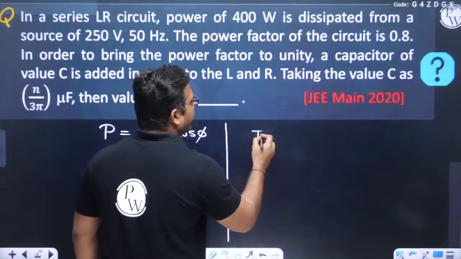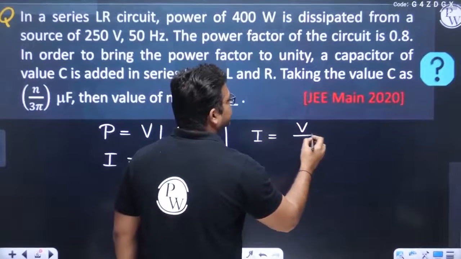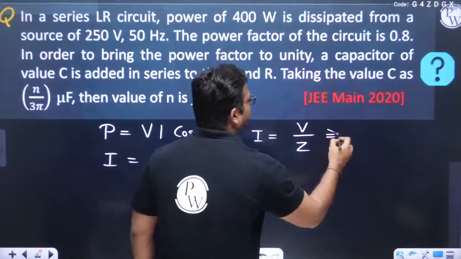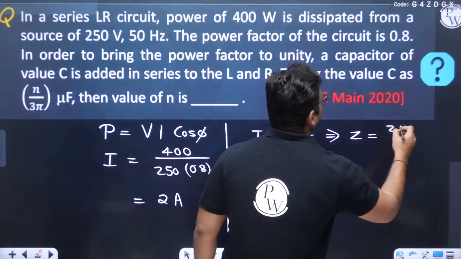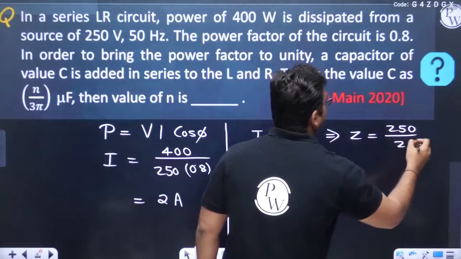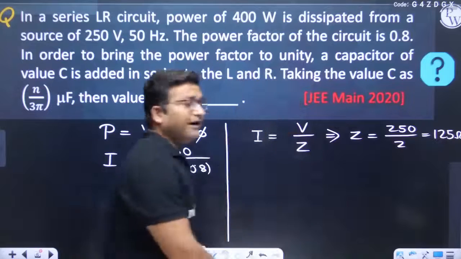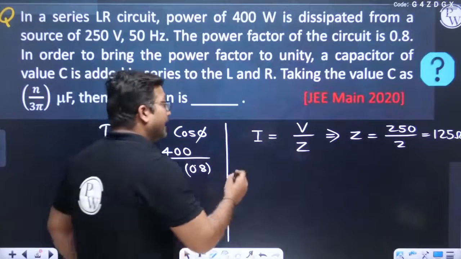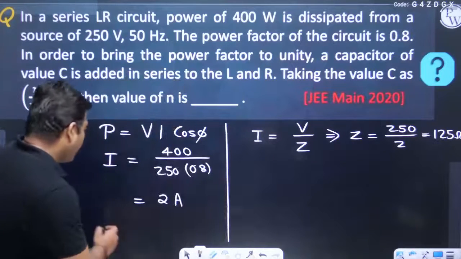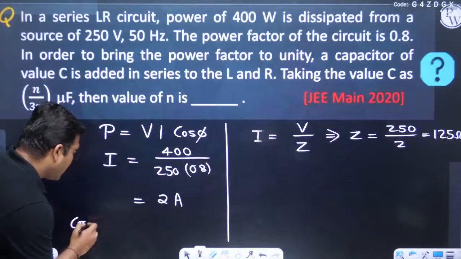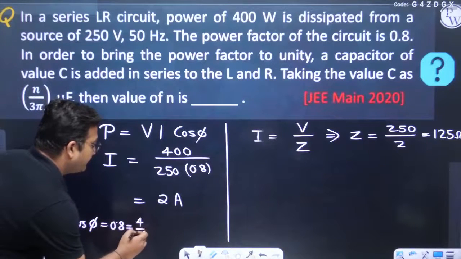So let me calculate a little more. As you know, I is equal to the effective value of voltage divided by impedance. You can calculate impedance equal to V, which is 250, divided by I, which is 2 ampere. So Z will come out to be 125 ohms. This is the value of Z. Also, as the power factor of the circuit is 0.8, you can write cos phi as 0.8, that is 4 by 5.